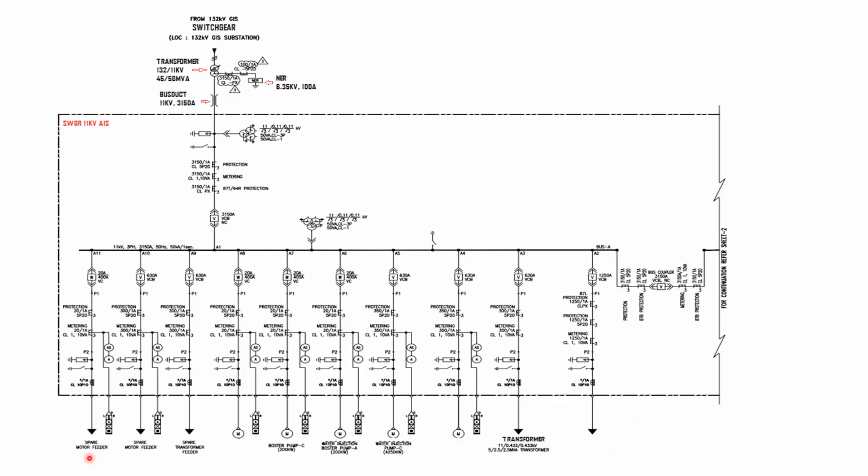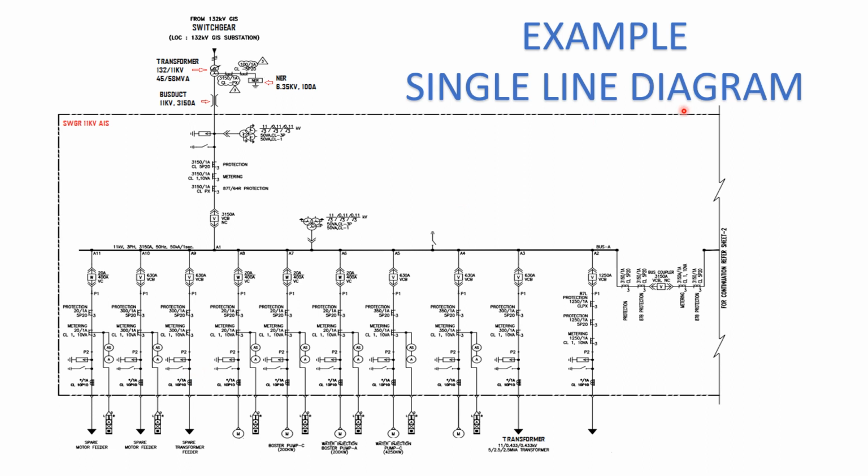So as you can see here, this is our example of a single line diagram. From the 132 kV GIS switchgear, our example that is located in our substation, we have our transformer, we have NER, and then we have bus duct, and the bus duct connects directly to our 11 kV switchgear.